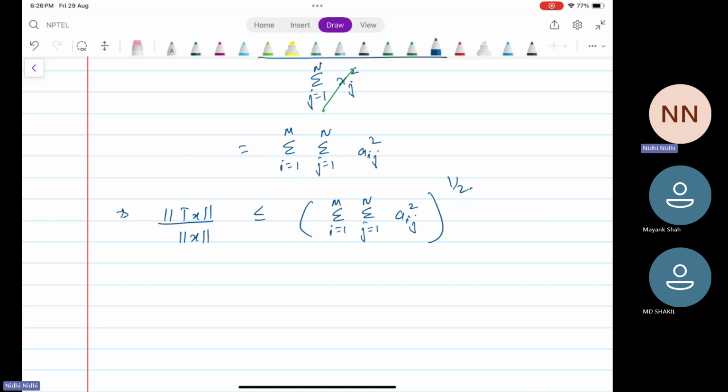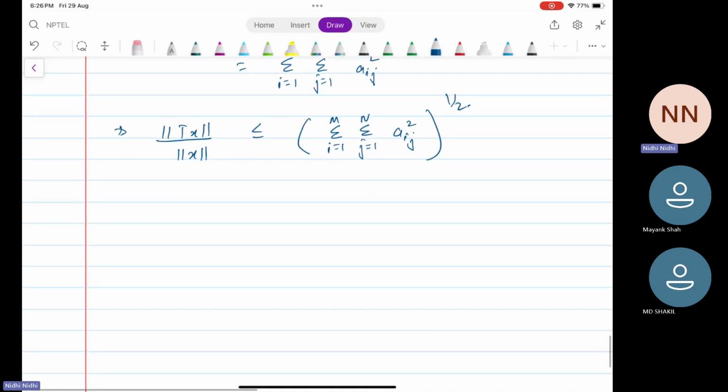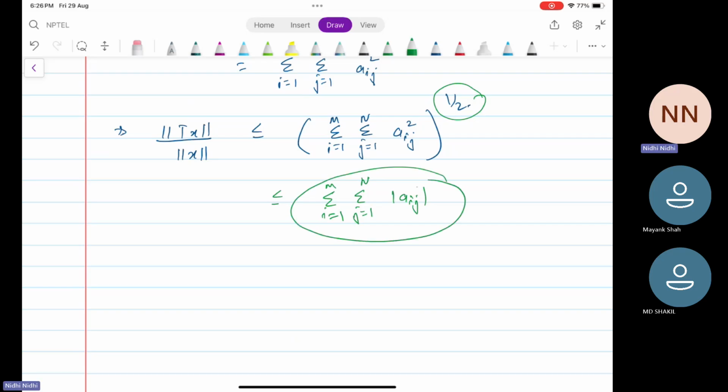So can you tell me how I can go from here to what we want? We want this to be less than or equal to something where I want this power half to come inside. Can you tell me how we can do this?